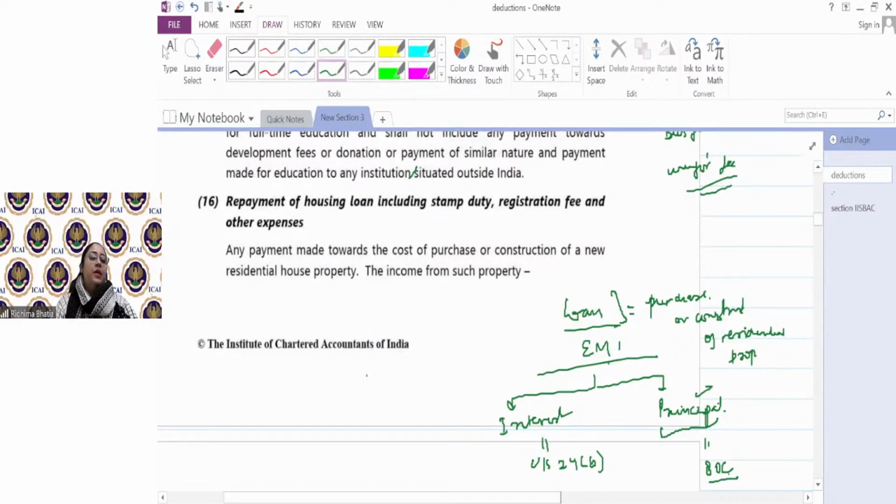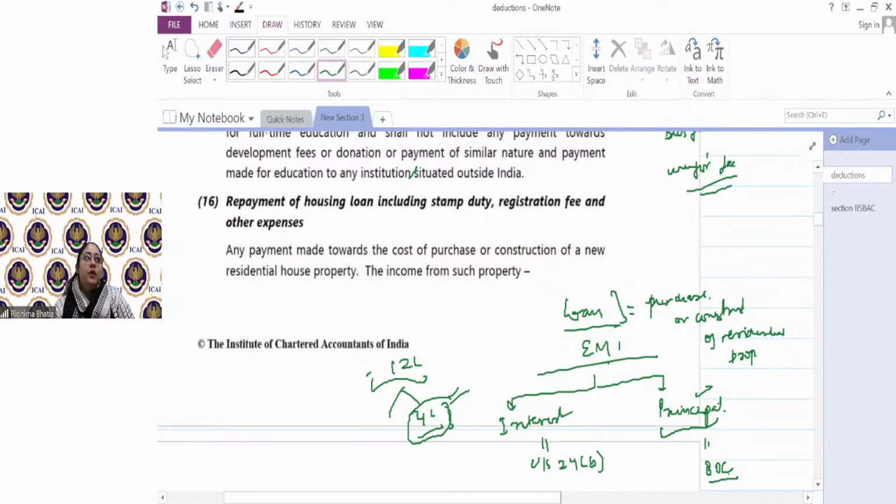Suppose an EMI of 1 lakh goes every month. So total EMI is 12 lakh. Now out of 12 lakh, suppose in initial years interest is more and repayment is less. 4 lakh is for repayment of loan. So 4 lakh is eligible for deduction under section 80C, and obviously I can claim only to the extent of 1,50,000.